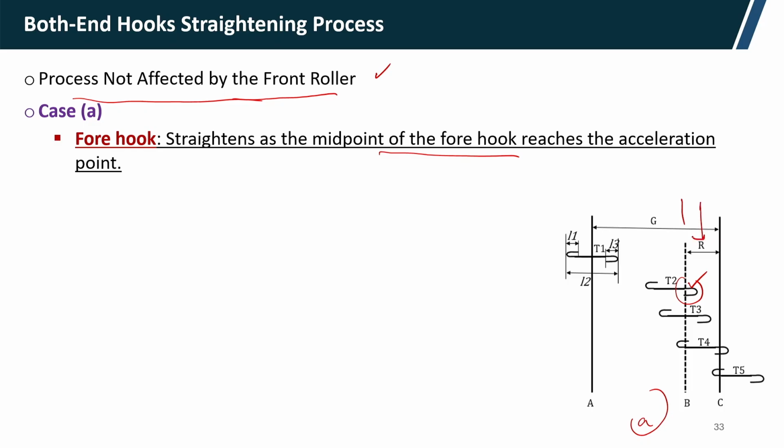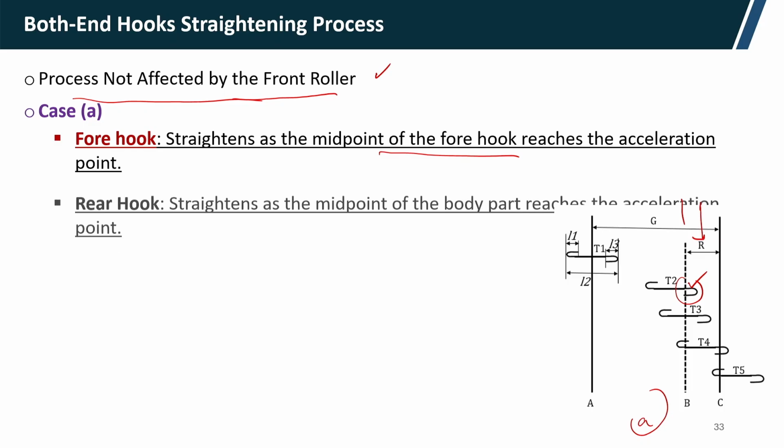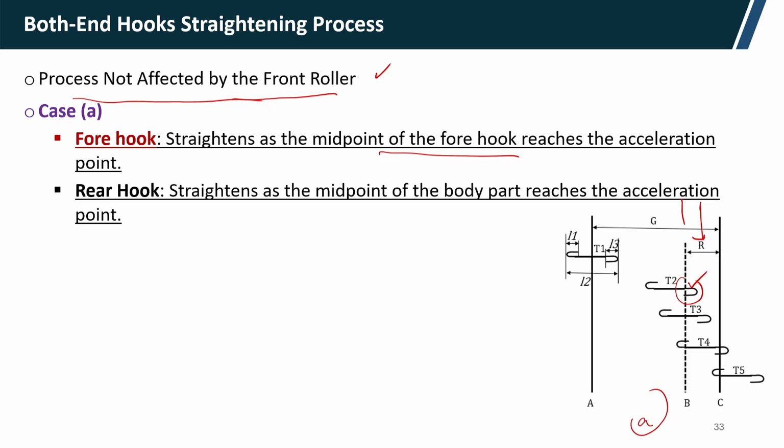So, r should be sufficiently high. The rear hook straightening takes place as the midpoint of the body is reaching. We can see here the leading hook removal takes place at point T2, and trailing hook removal will take place as soon as it crosses point T3 before it reaches the front roller nip.